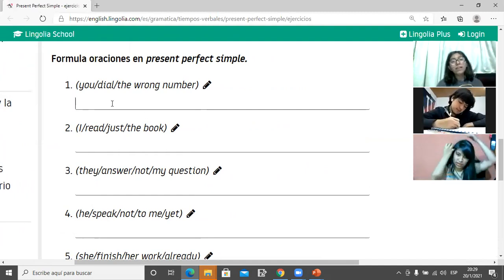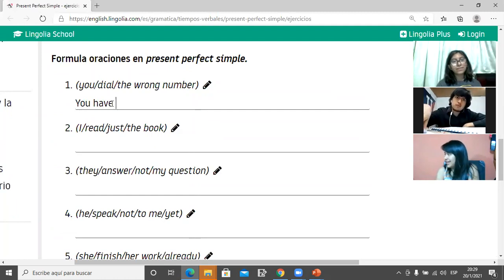We need to make a present perfect tense sentence, right? You have dialed the wrong number. Very good.